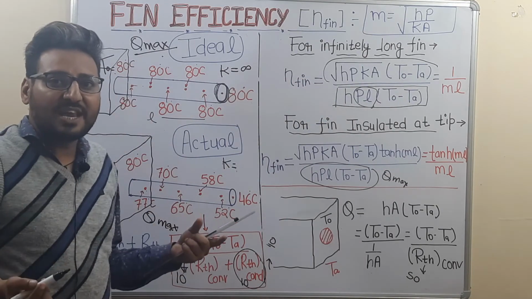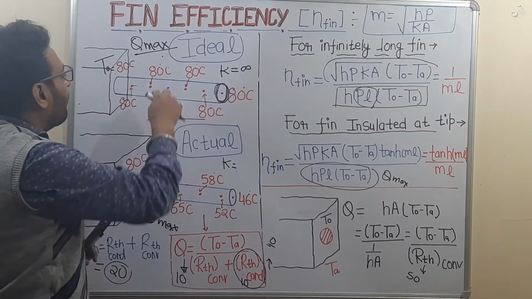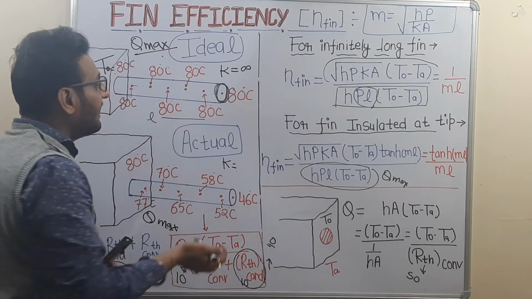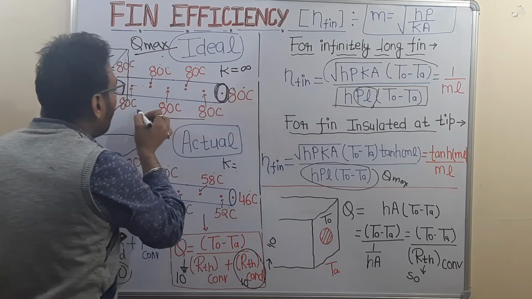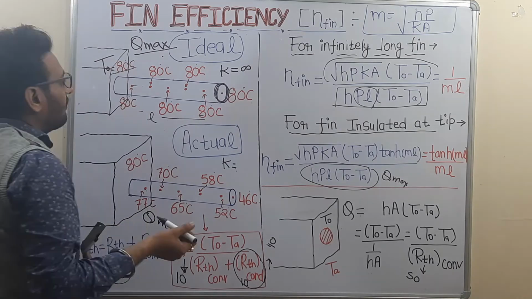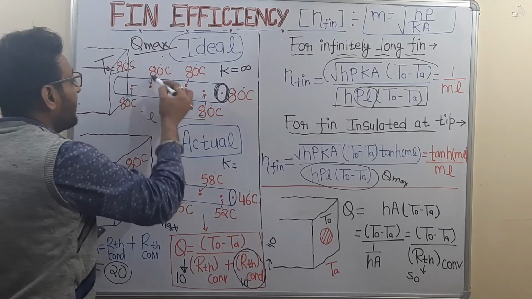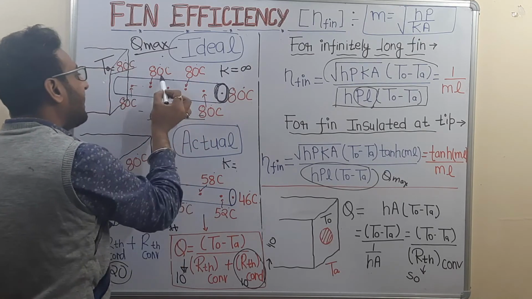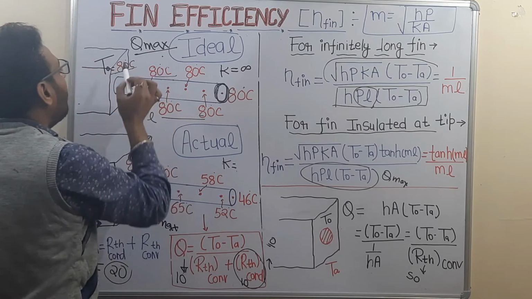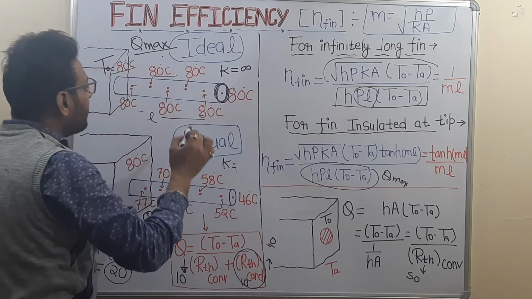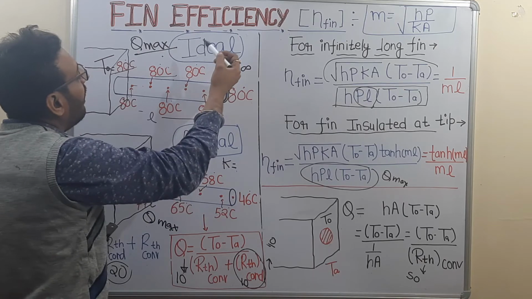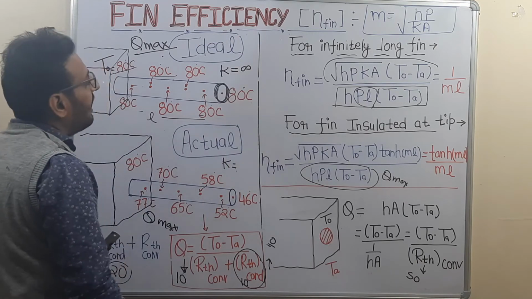And what is the surface area exposed between the fin surface and the atmospheric air? It is perimeter into length of the fin. So this whole surface of the fin, which is maintained at the base temperature, is transferring heat to the atmospheric air by convection.